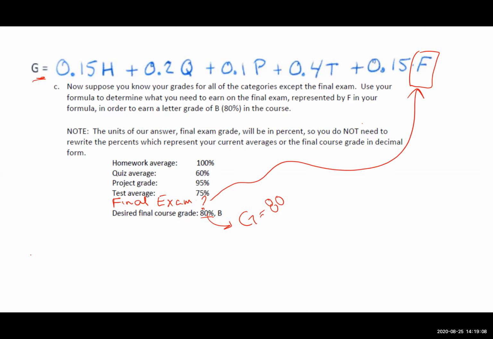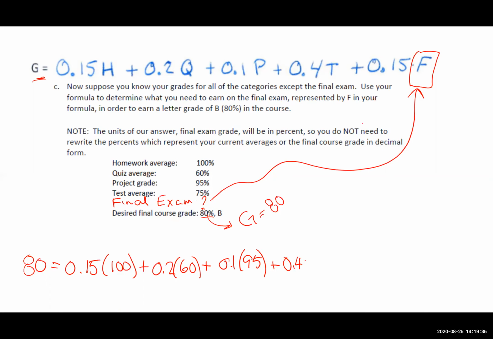So let's suppose I've got the 80. That's my dream grade. I'm going to go ahead and plug in everything else I do know. My homework is 100%, not bad. But I don't know what my final exam grade is. It's okay though. We'll get there.